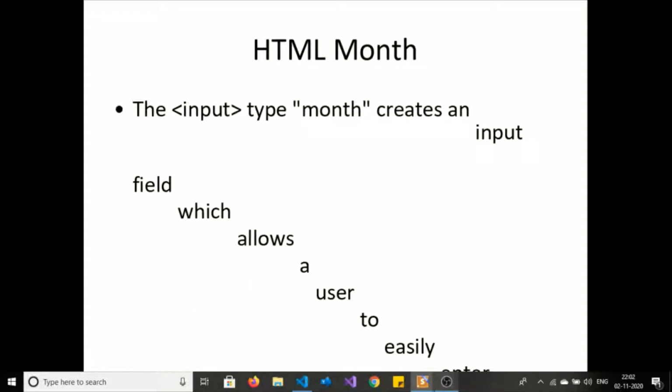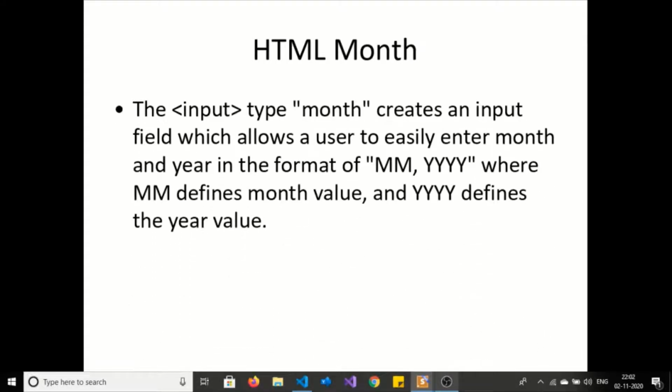Now we have one more input type, month, which creates an input field that allows a user to easily enter month and year in the format MMYY, where MM defines the month value and YY defines the year value.